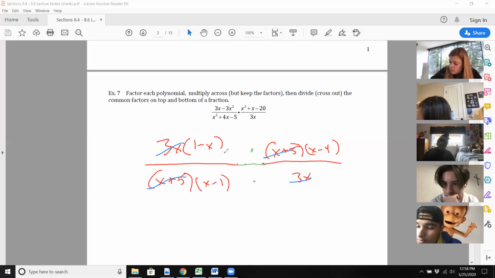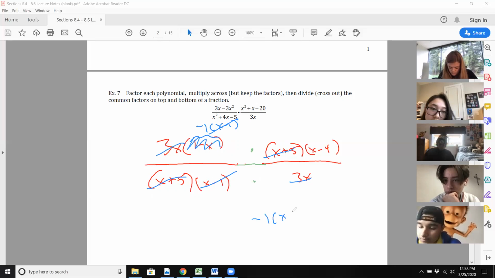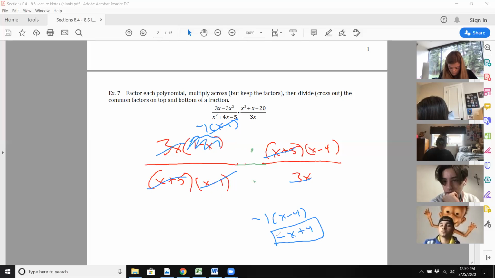This is a little tricky, but these actually go away as well. You can think of this as -1 times x minus 1, and then those cancel. So you have -1 times x minus 4, or -x plus 4.